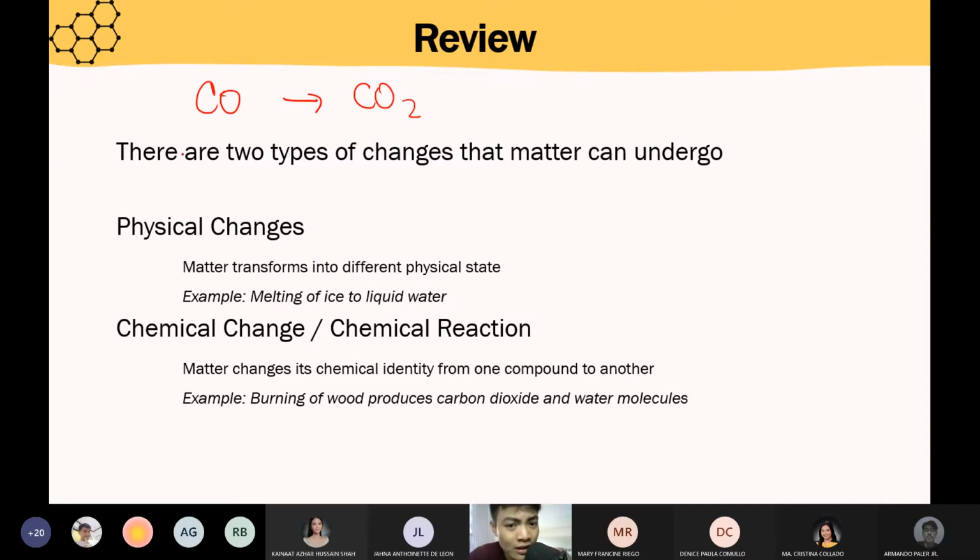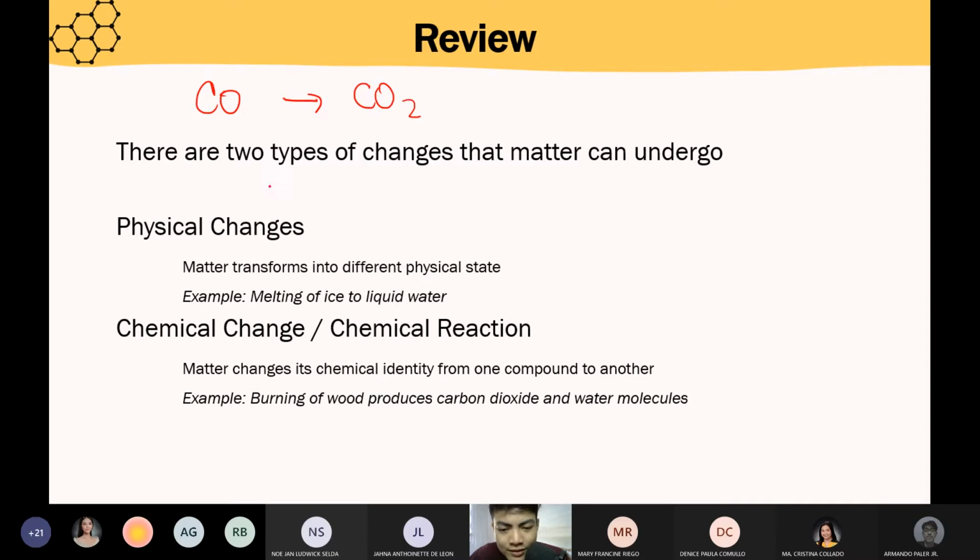Carbon dioxide, not so toxic, pero this is very dangerous to the environment because CO2 levels are rising. The idea is this one is very toxic, and this one is less toxic, especially to humans. Mamaya bigay ko yung context bakit ko sinabing toxic yan. As you can see, yung oxygen, naging dalawa lang. Isa sa reactant, naging dalawa sa product.